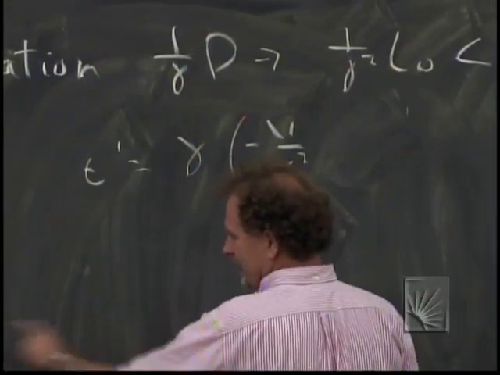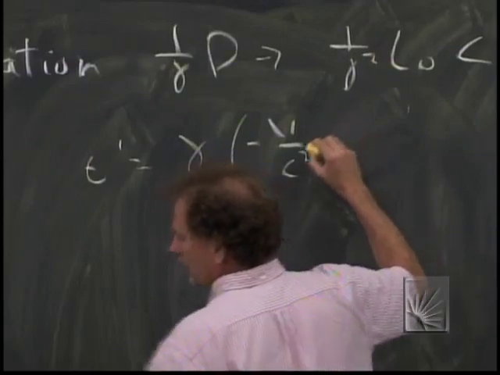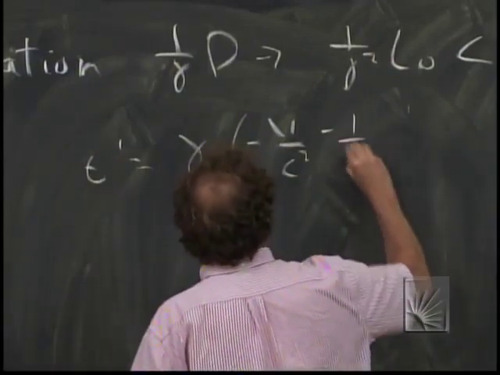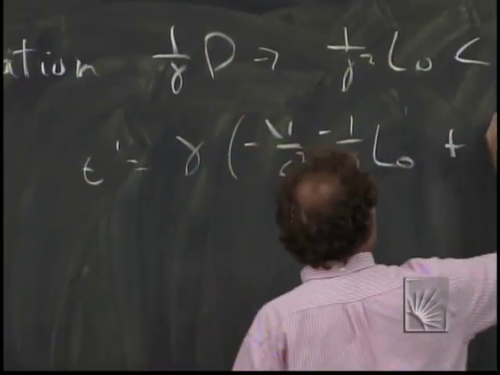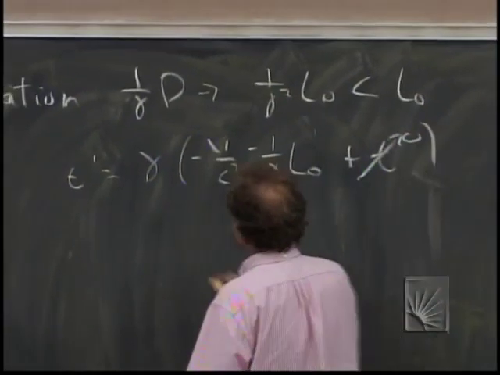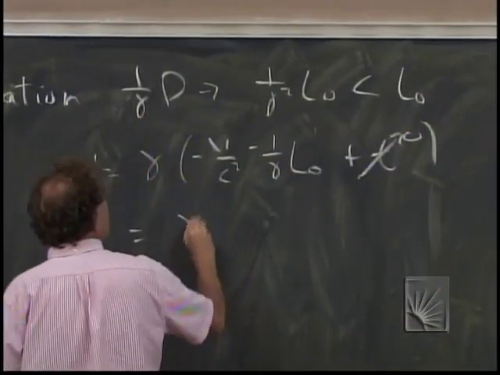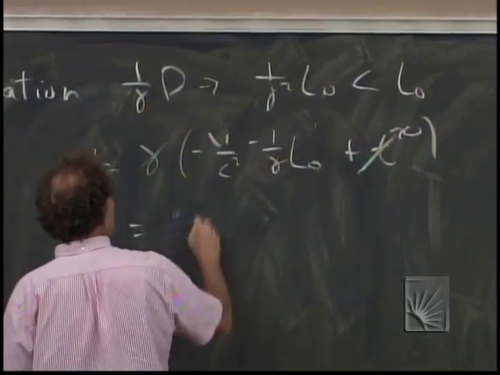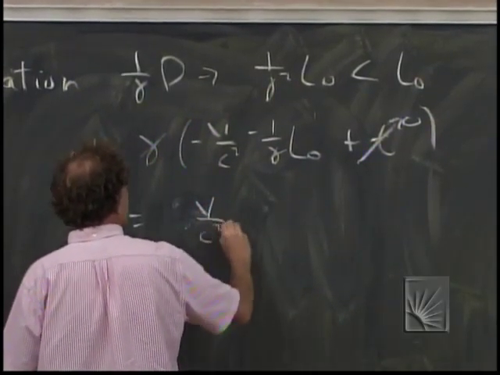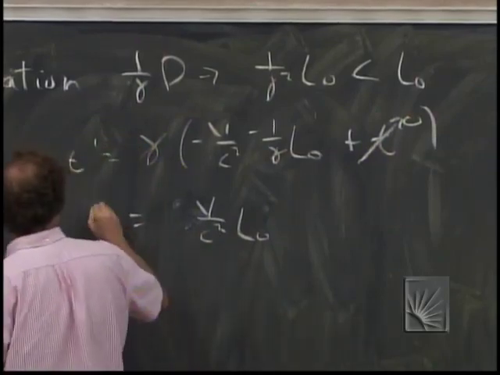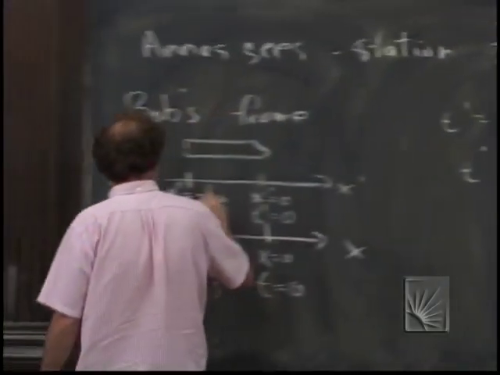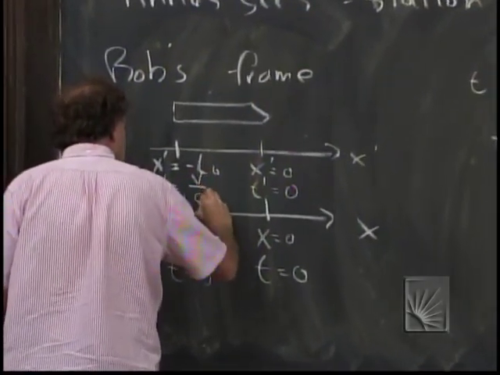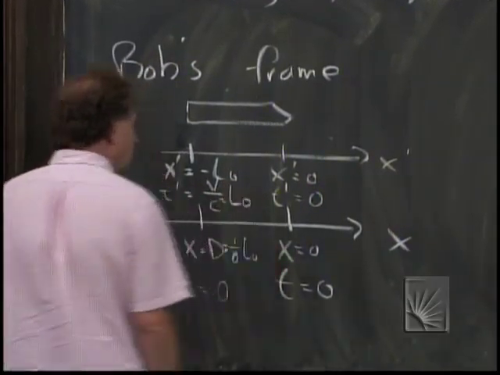X is minus 1 over gamma L0, and T is 0. The gammas cancel. It's simply V over C squared L0. This is what we were talking about last time.